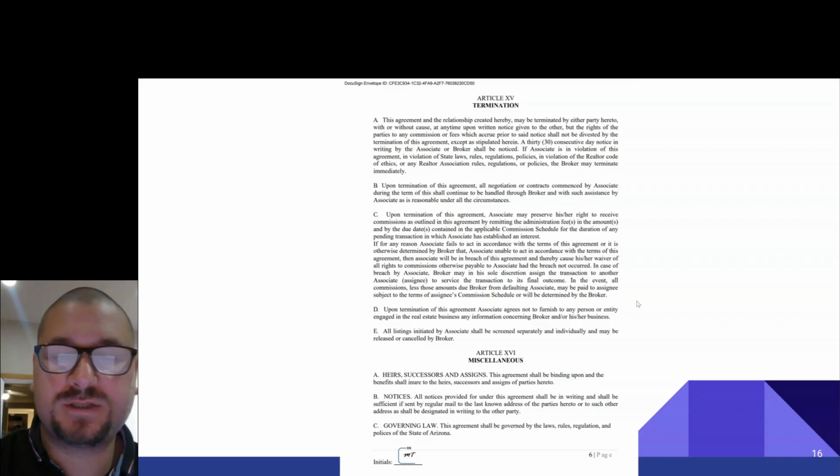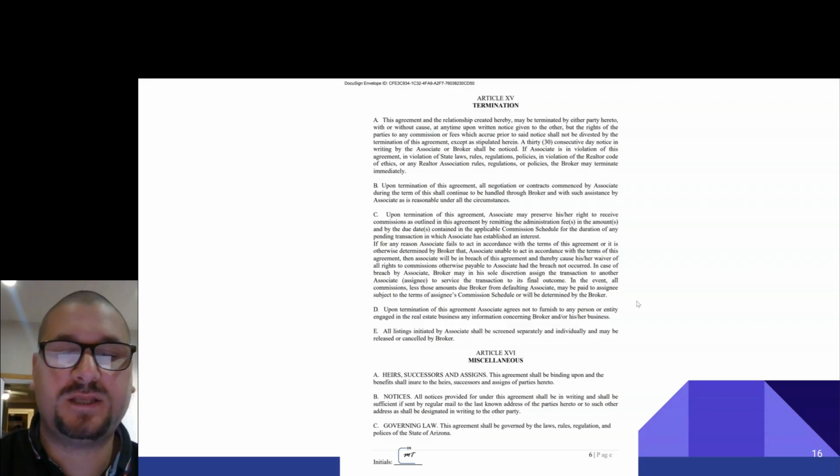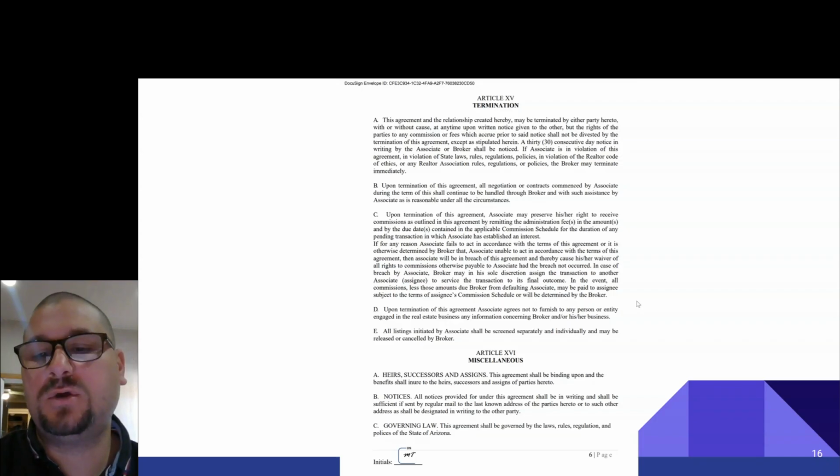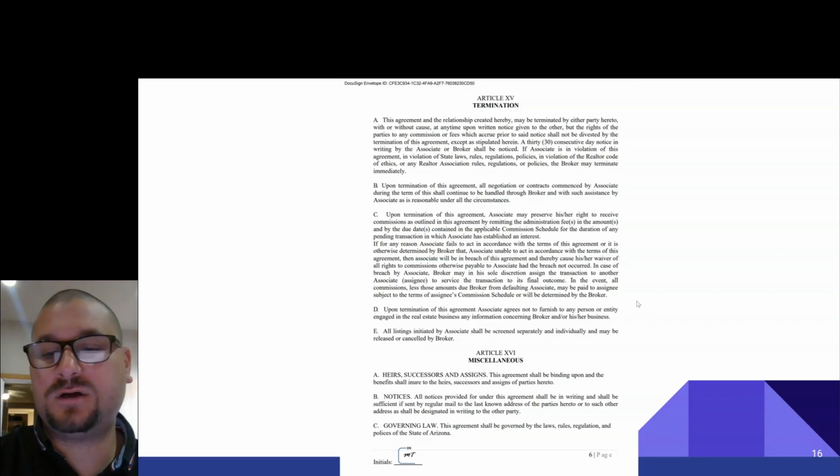All notices provided for under this agreement shall be in writing and shall be sufficient if sent by regular mail to the last known address of the parties hereto, or to such other address as shall be designated in writing to the other party. Governing law. This agreement shall be governed by the laws, rules, regulations, and policies of the state of Arizona.